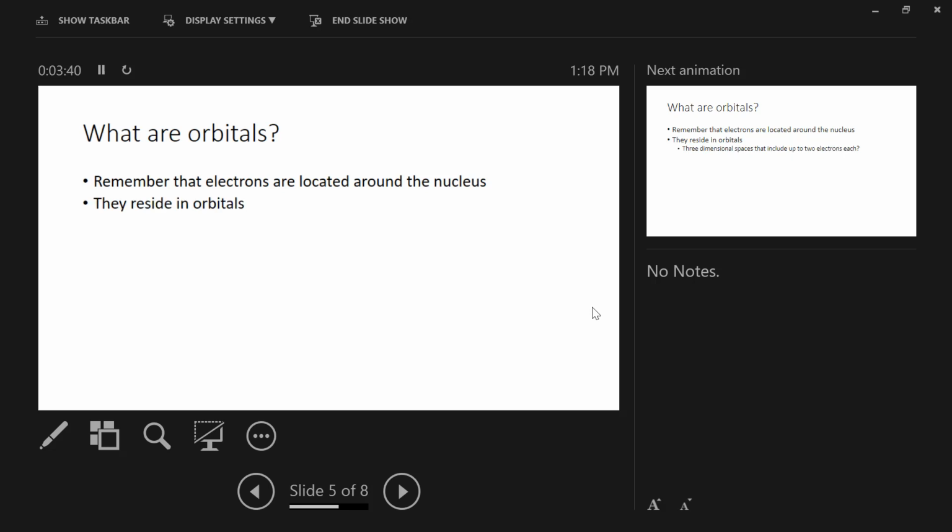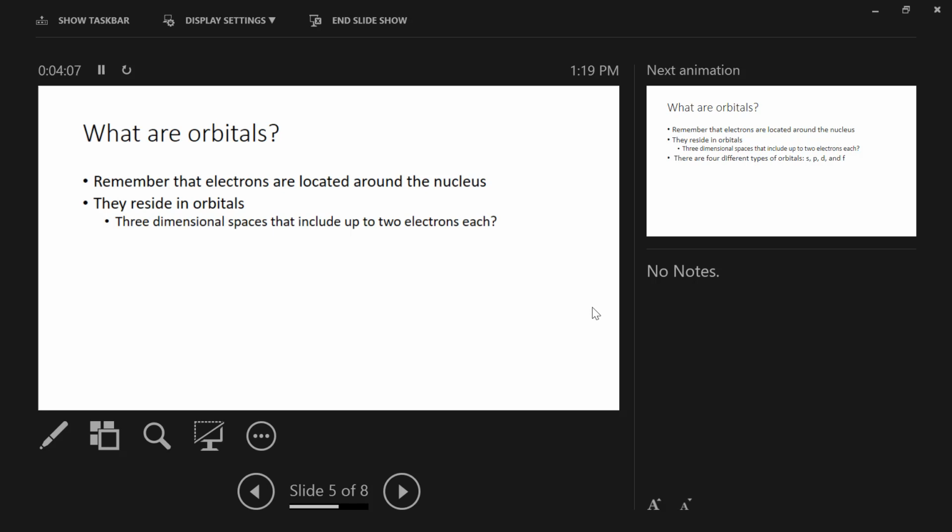Now, as they do, they reside in orbitals. And you're like, well, that's wonderful. You still haven't told us what an orbital is. What are orbitals? Well, remember that electrons are around the nucleus. They reside in orbitals. Now, let's determine what an orbital is.